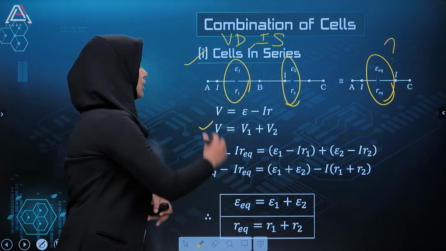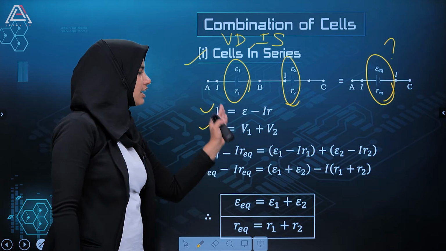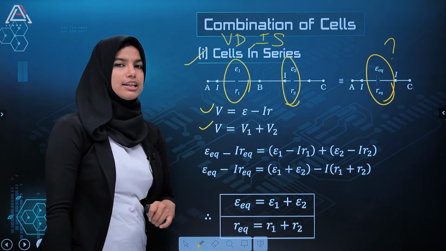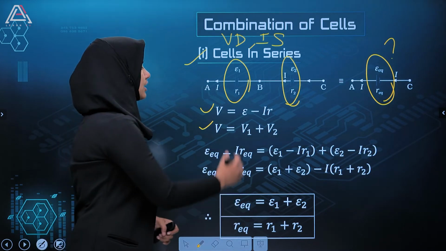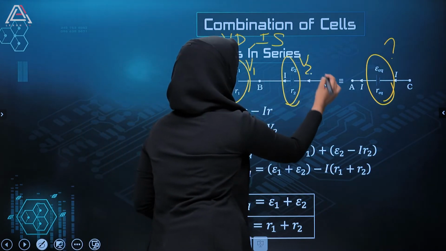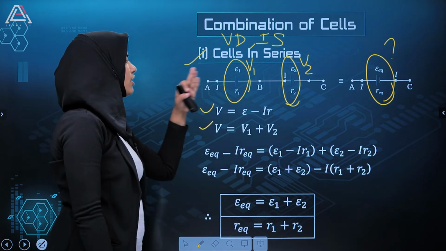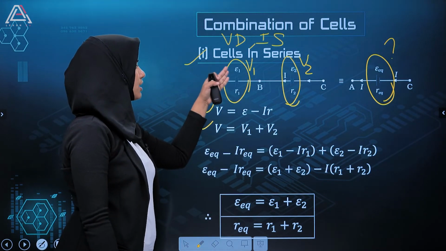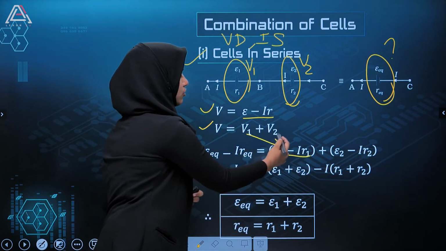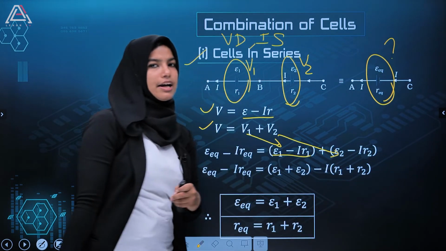We know that the equation of V is E minus Ir, where r is the internal resistance and E is the EMF. So this is the voltage over here and this is the voltage over here. In the case of V1, the equation becomes E1 minus Ir1, and in the case of V2 it's E2 minus Ir2.